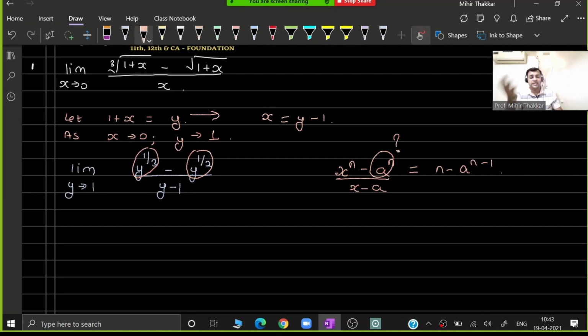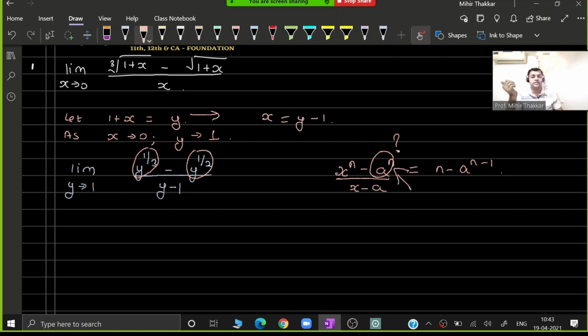When a certain element is missing, we don't have to worry about it at all. The best idea is to bring that element as per our choice. If I want to bring any element as per my choice, the rules of maths give me complete freedom to add or subtract any number I need in my solution, multiply or divide whatever value I need. So let's do that. What do we require? I require a raised to n.